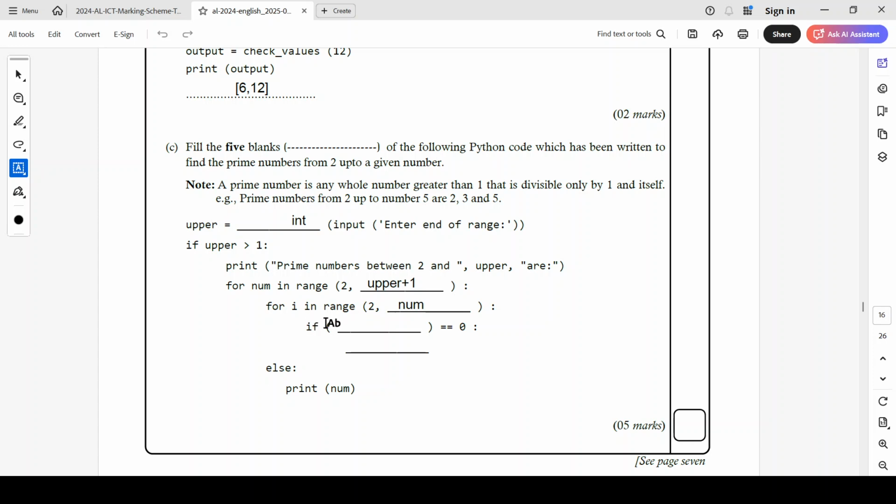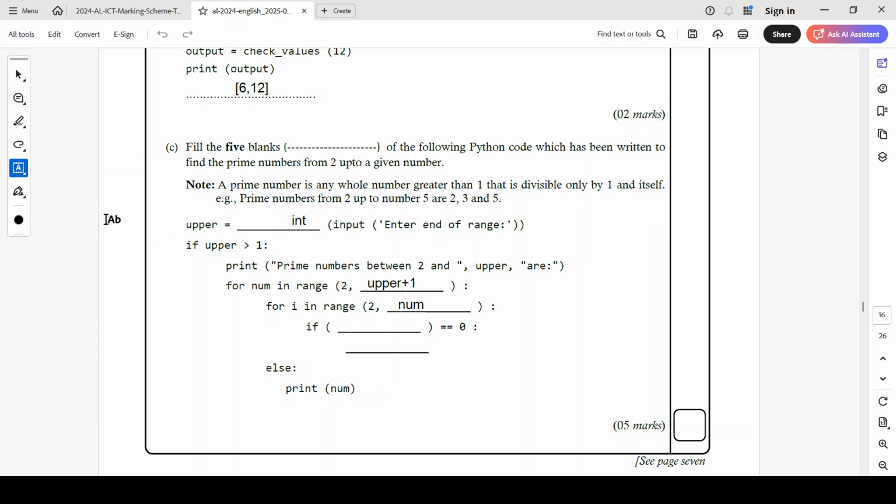Okay, if it is the condition, if it is equal to 0, what will happen? Here we want to get the prime numbers. What do prime numbers mean? Prime numbers means it is divisible by only 1 and itself.